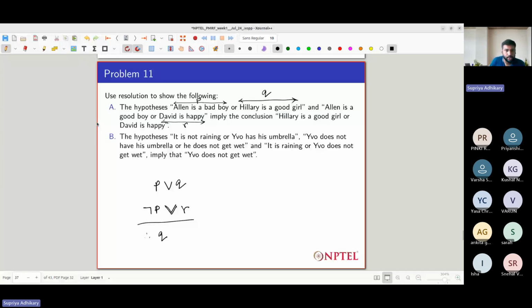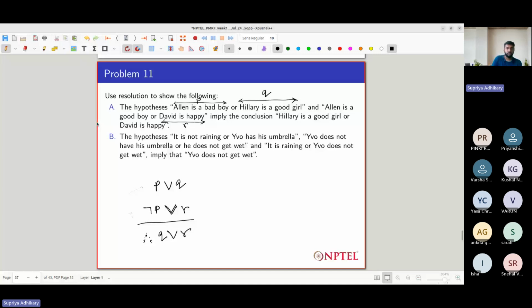Okay, so we have to prove this using the method of resolution. So what was the method of resolution? In the method of resolution, we have to build a resolution tree and use the resolution rules.